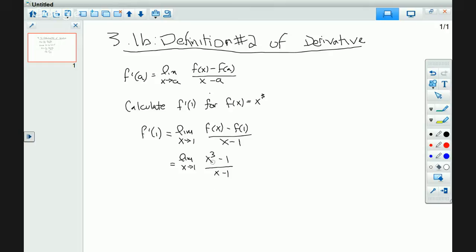Can we factor? Anybody recognize that? So that's probably where we're headed, right? What does this leave us? It's x squared minus 2x plus 1?